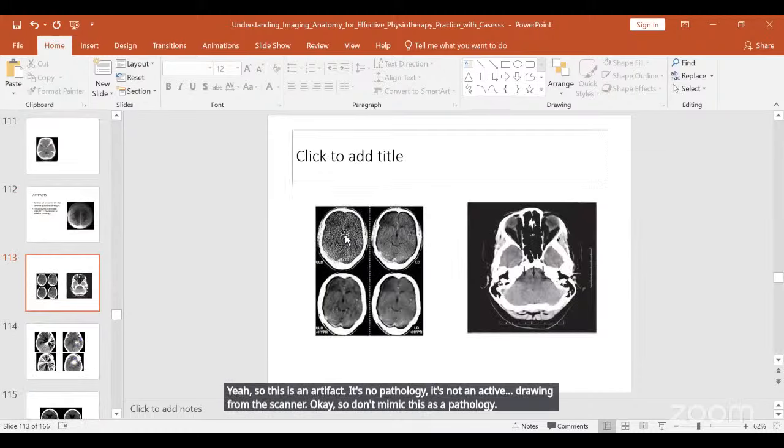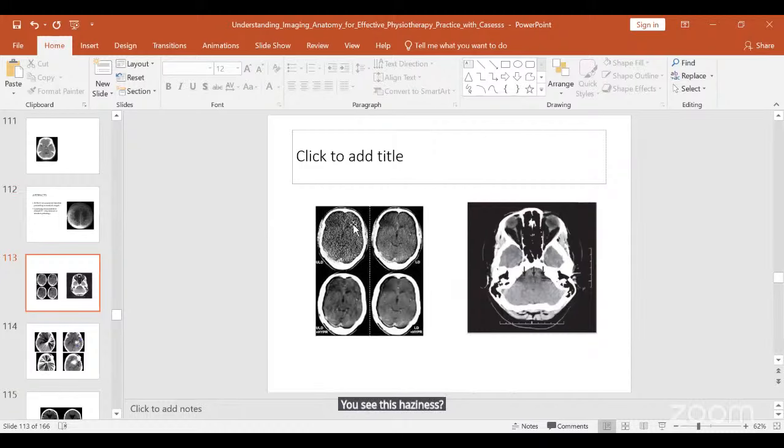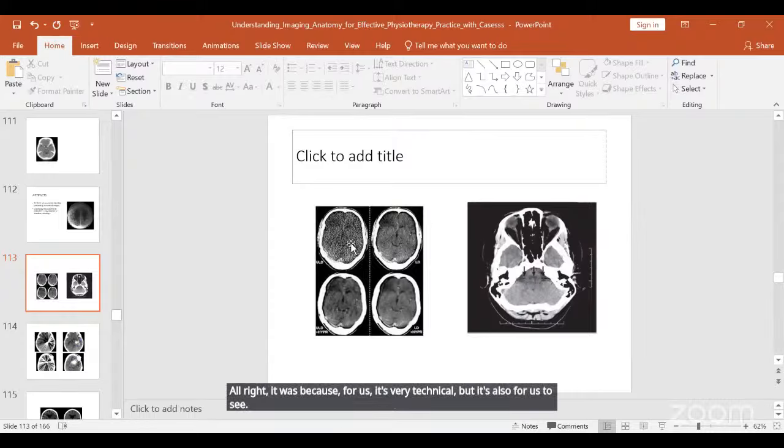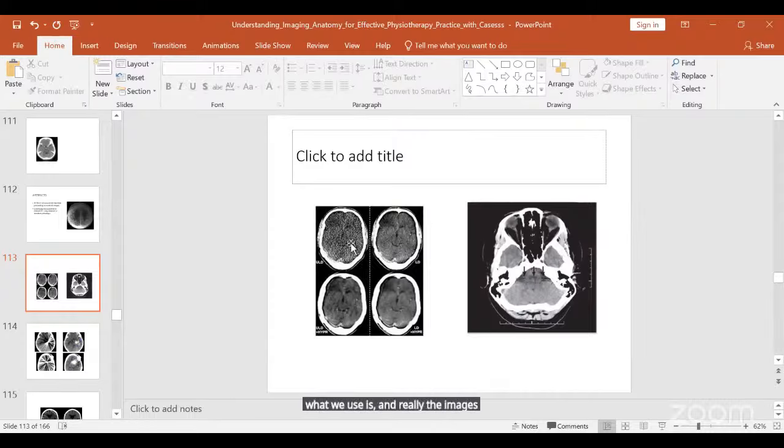Can you see this haziness, the graininess of the image? It's very technical, but it's just to say that what we used to generate the images was not sufficient, and we need to compensate. There's another artifact here. Can you see it? In this place, the images are not sharp. The structures there are not well defined.